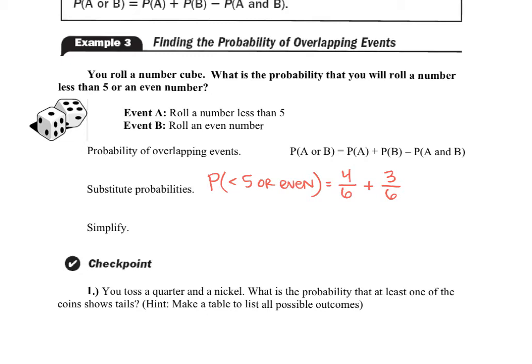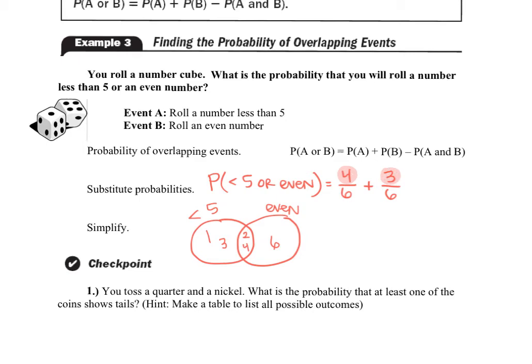Well, here's the issue. If you go back and think to the Venn diagrams that we made at the beginning of this lesson, if this is less than 5 and this is even, we know that 2 and 4 could fit into both of these events. 2 and 4 are both less than 5 and even. And so if you think about it, 2 and 4 have been counted in this number and they have been counted in this number.